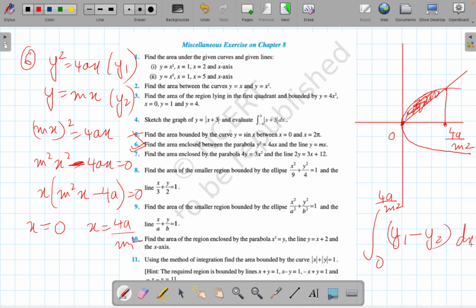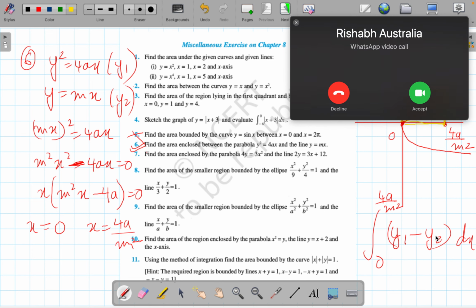Check out how will you get parabola minus line? Let's take another color to show you. This is area with respect to parabola and the axis, and this is with respect to line. So I do not want the white area, I only want the red shaded. So that is how we get line minus parabola. All right.